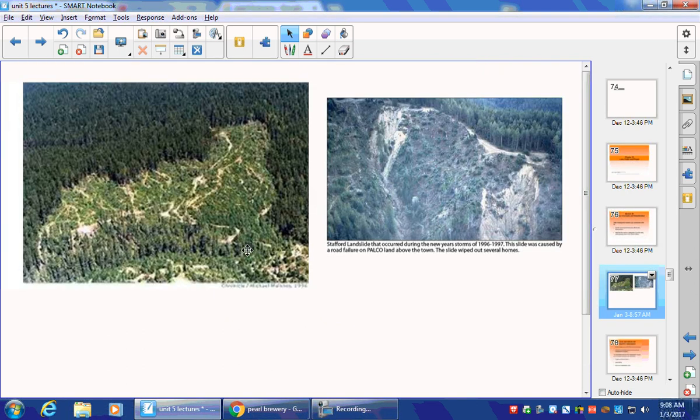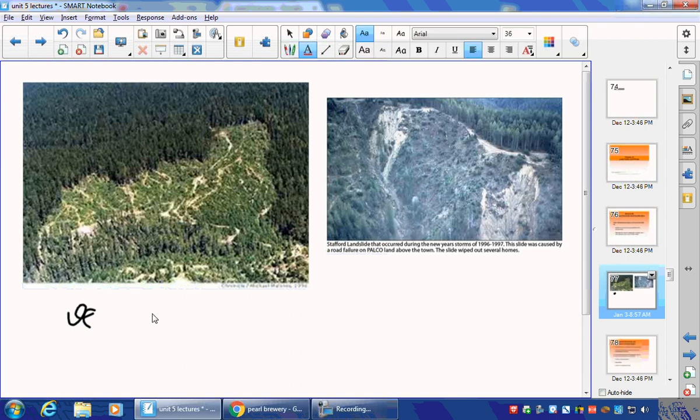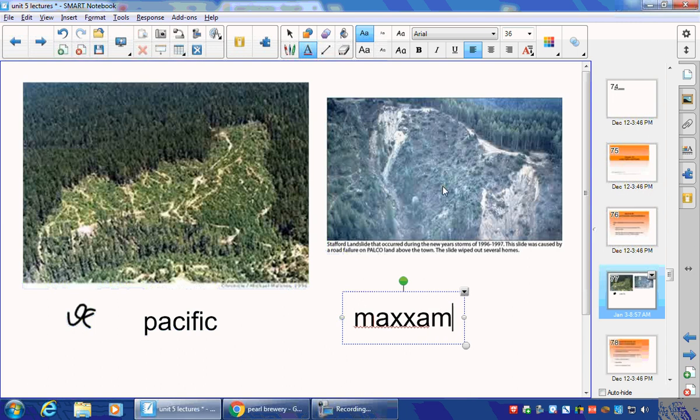So the opening story talks about the comparison between the Pacific Lumber logging land and MAXXAM. It is a comparison that looks at the difference between the Pacific Lumber Company versus Maxxam.